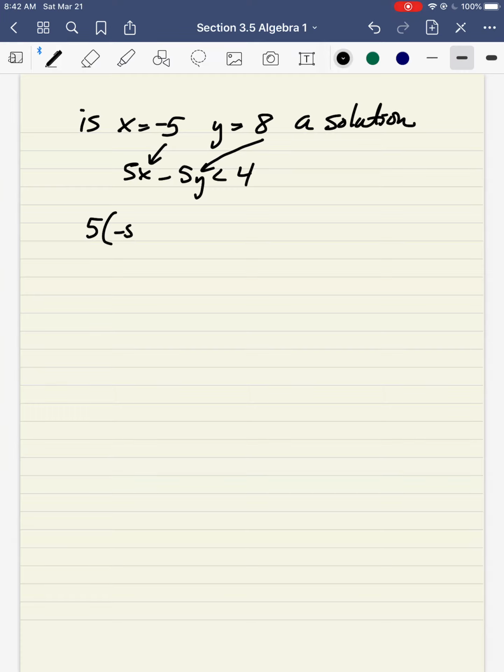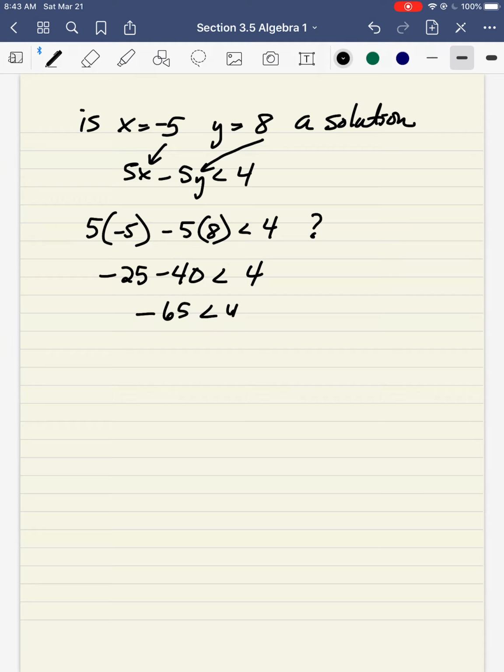So 5 times a minus 5 minus 5 times 8. That's supposed to be less than 4. So minus 25 minus 40, is that less than 4? Minus 65 is less than 4. Yes.